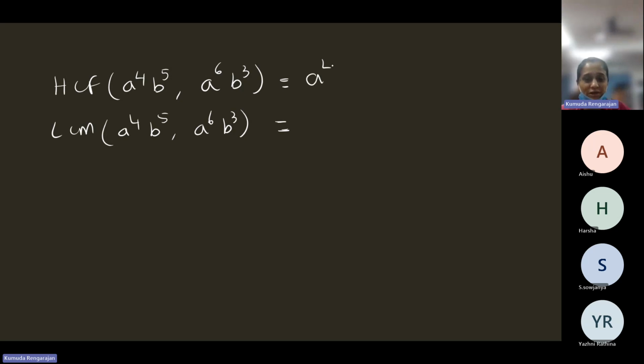So a to the power 4, b to the power 3. Yes, because between a to the power 4 and a to the power 6, a to the power 4 is the least power. Correct. B to the power 5 and b cube. So put them together: a to the power 4, b cube is the HCF. The LCM? A to the power 6, b to the power 4. Yes, this is the LCM. All of you can make a note of this.